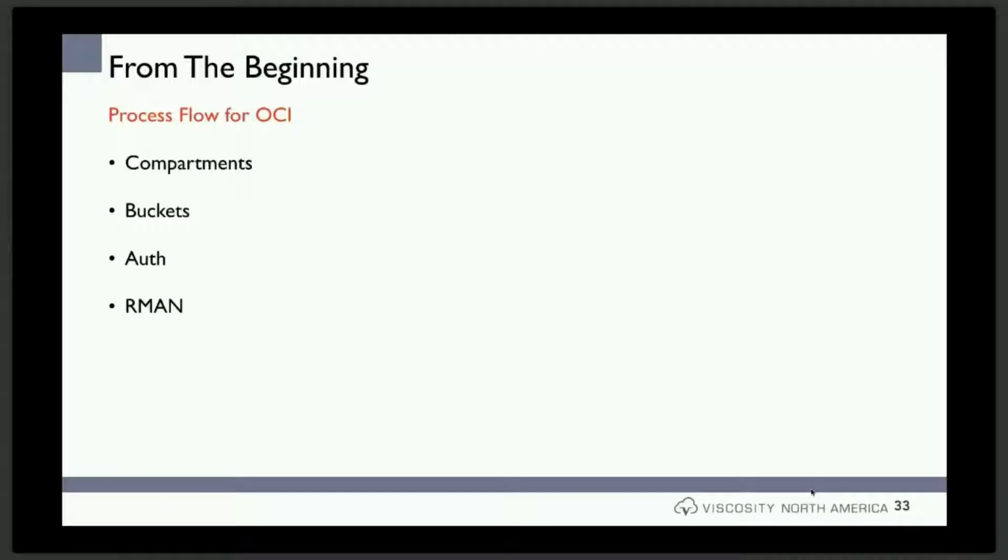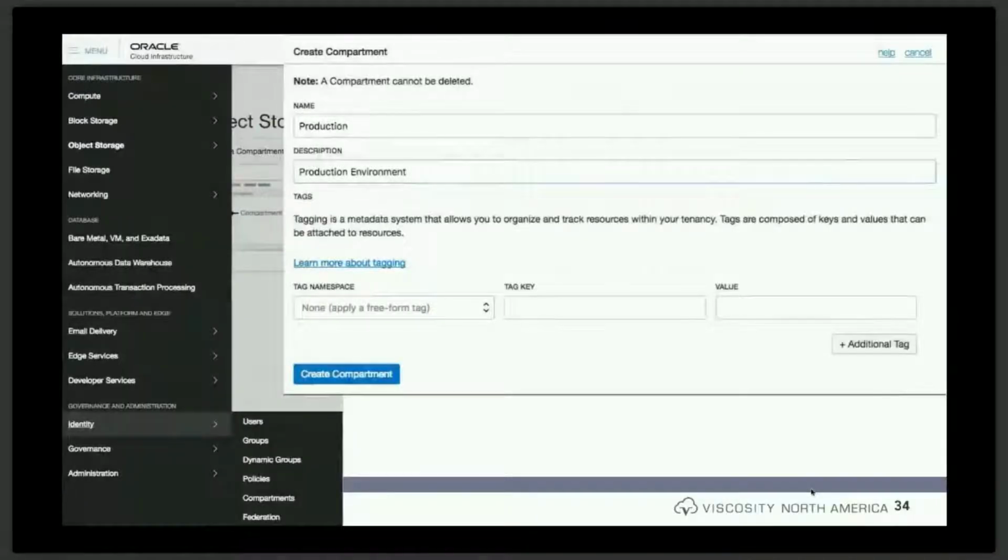And we'll also have to create authorization tokens, and we'll leverage that instead of our cloud passwords to be able to go and install the jar file, okay? And then after we install the jar file in OCI, then we'll be able to leverage RMAN. So let's look at compartments, right?